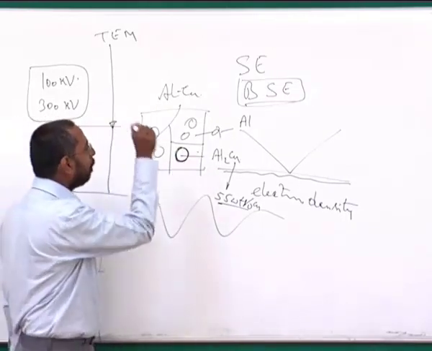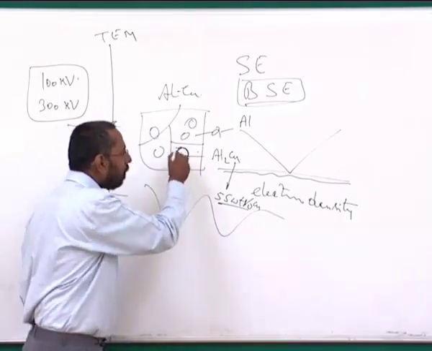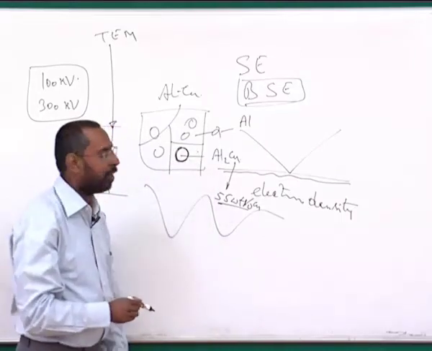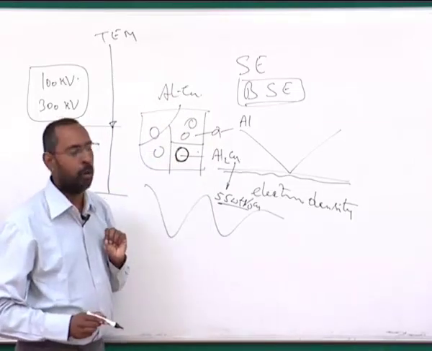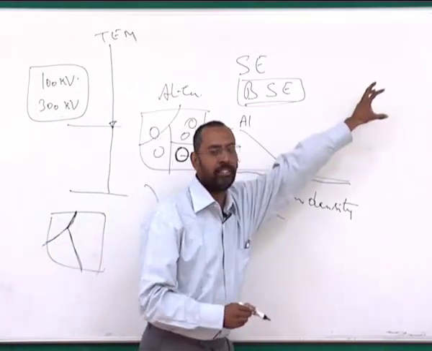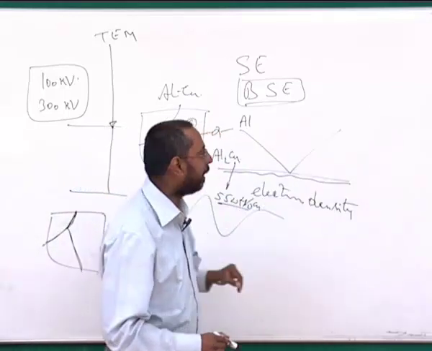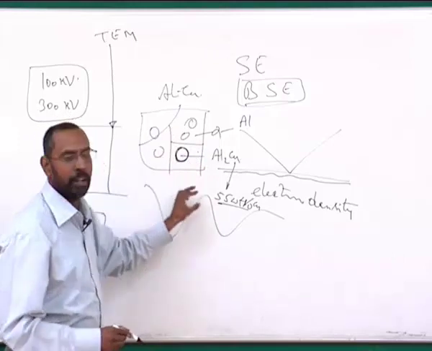So when an electron beam is interacting with this region, the number of electrons present in this region being more per unit volume when compared to this, the scattering of that electron beam with this will be more. And when you are looking at the scattered electrons, because you are only collecting the scattered electrons, that particular region looks brighter when compared to the rest of the region.